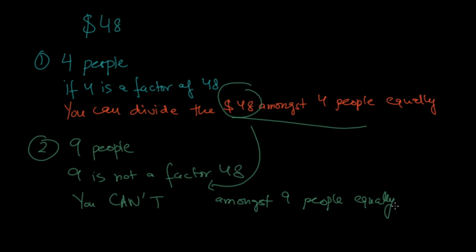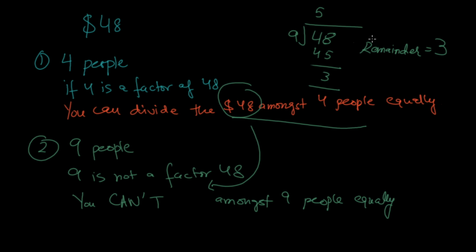So if you do 48 divided by 9, I'm sorry, you do 9 into 48: 9 into 5 is 45. You'll have 3 remaining. So the remainder in this case is 3. That means that money is still left over.